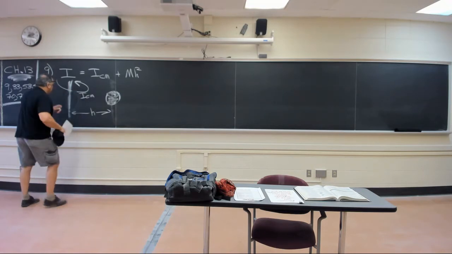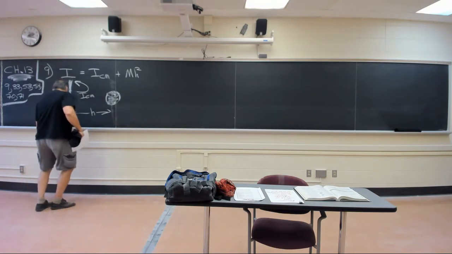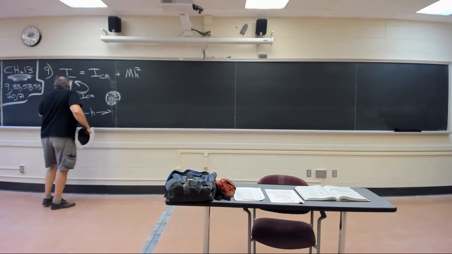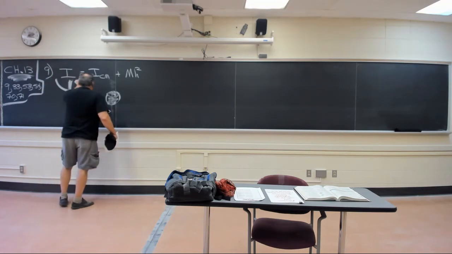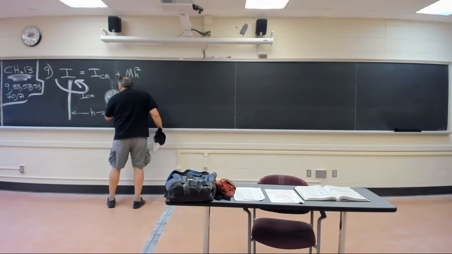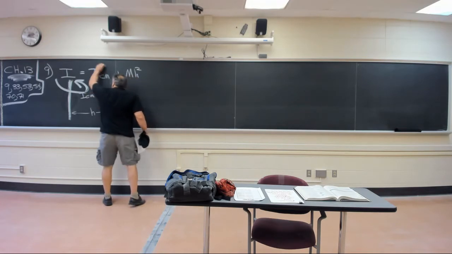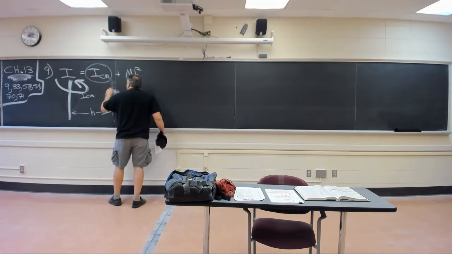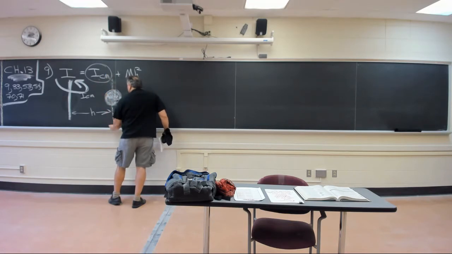This axis is right here, around which the rotation occurs. You would treat it as though there was something right here, which is the ICM of this object. If this right here were the place where the rotation was taking place, then it'd be the moment of inertia about the center of mass, going right through the center of mass of this thing.